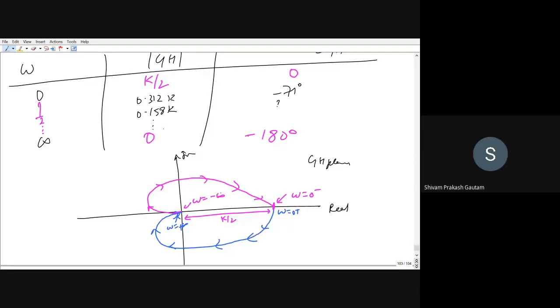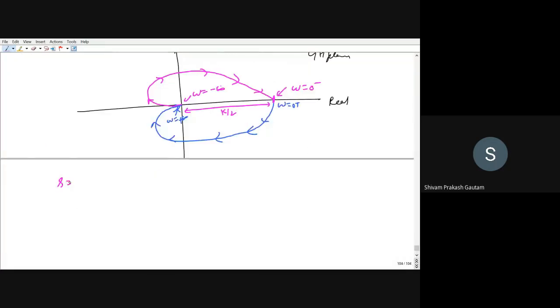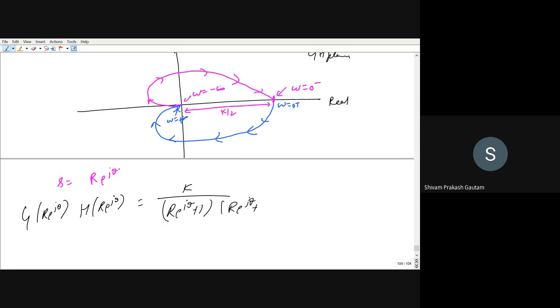Yes, sir. Now we have to put S equal to capital R e to the power j theta. We have to substitute so that we will be able to plot the third part, which is the semicircle part. So we will do that. G R e to the power j theta, H R e to the power j theta will be equal to K upon R e to the power j theta plus 1, R e to the power j theta plus 2.